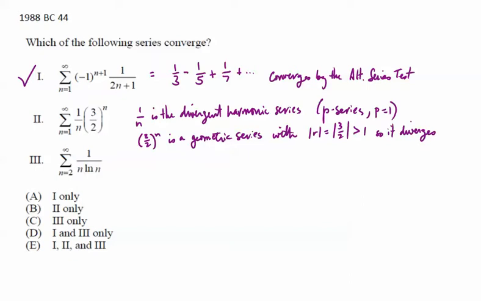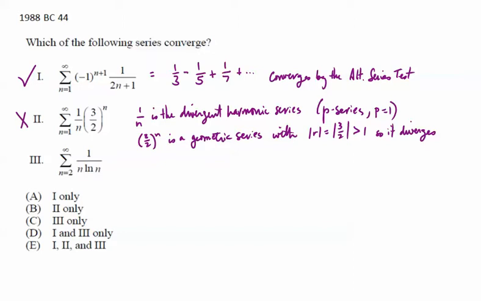Now the third problem is a little bit more tricky, and this is going to employ the integral test. When you see natural logs, especially natural logs in the denominator, that might be a good place to use the integral test. So the second one diverges.